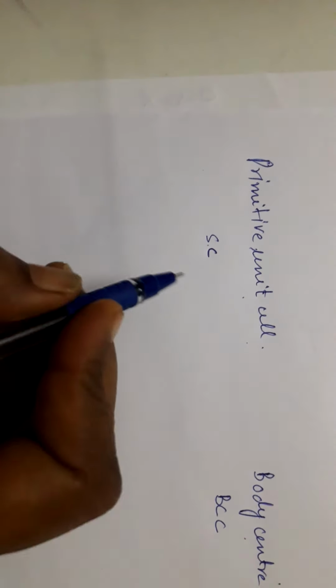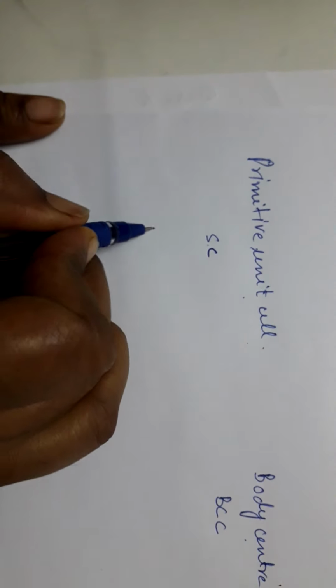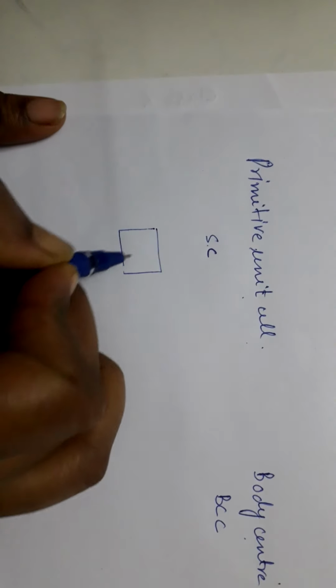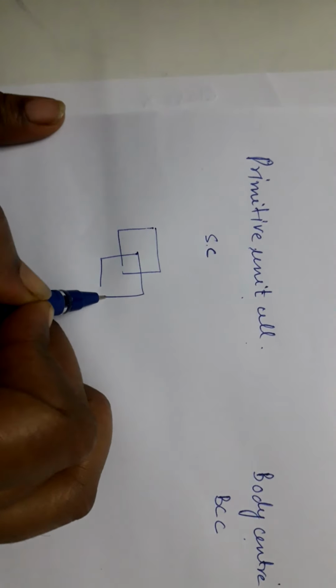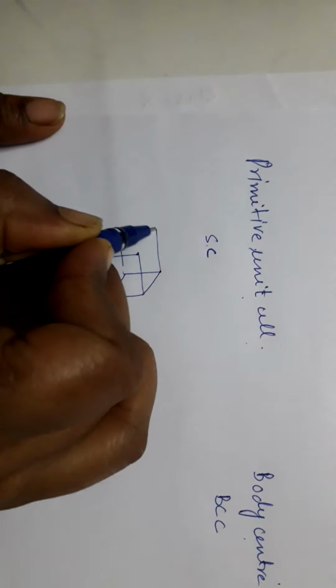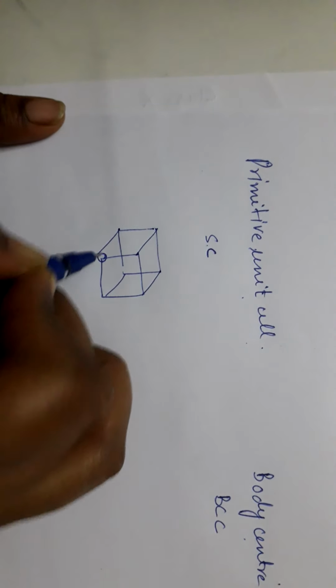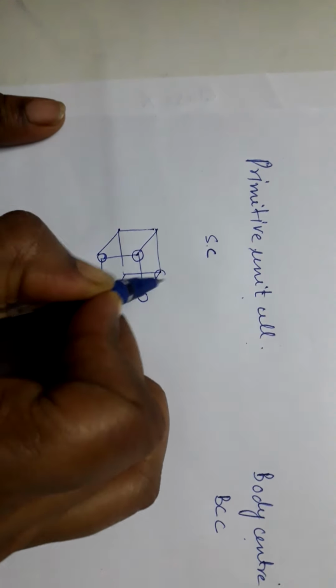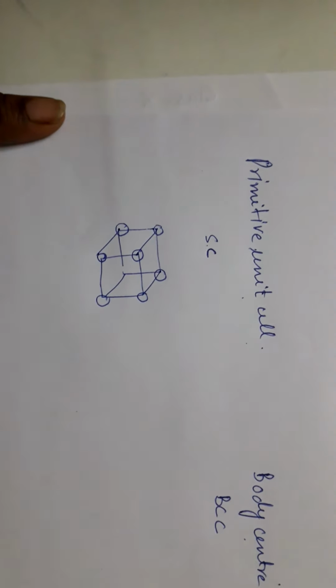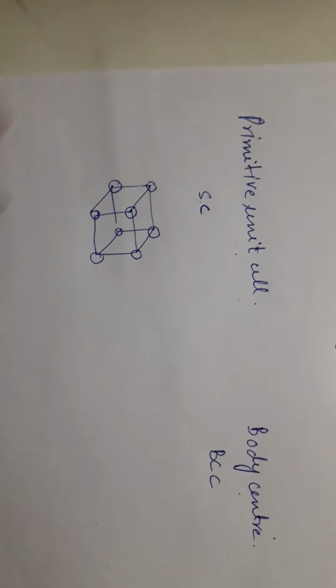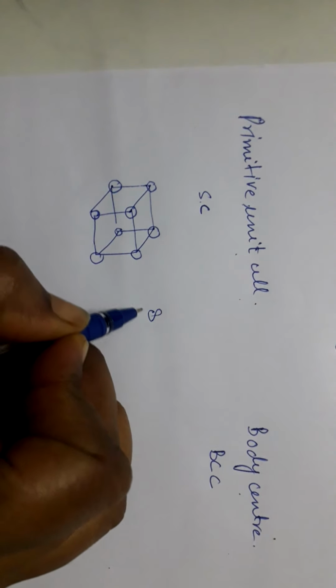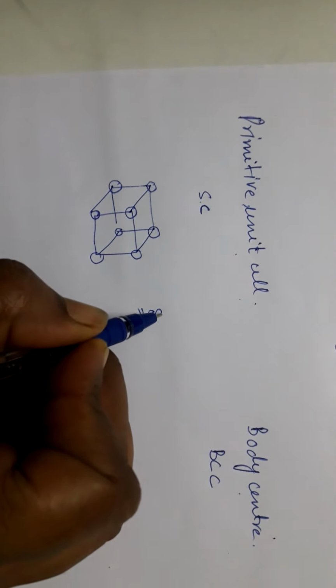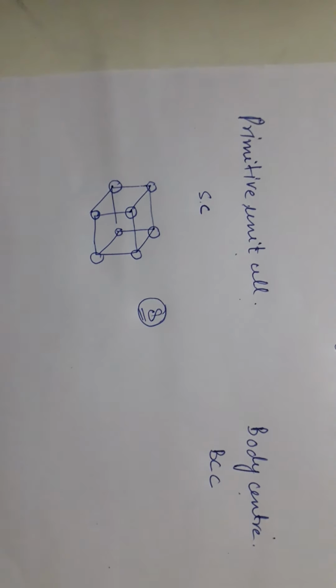So students, here we have taken the example of a simple primitive unit cell. In a simple primitive unit cell, the atoms are present only at the corners of the unit cell. Right? You might think that 8 particles must be present in this primitive unit cell.